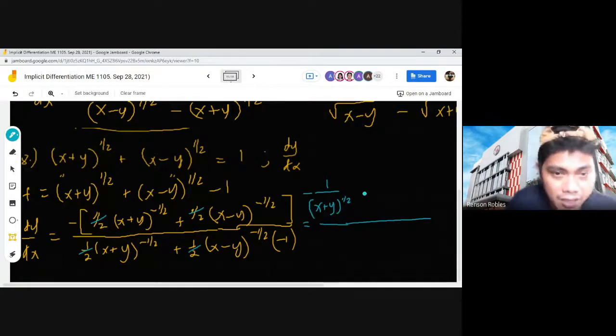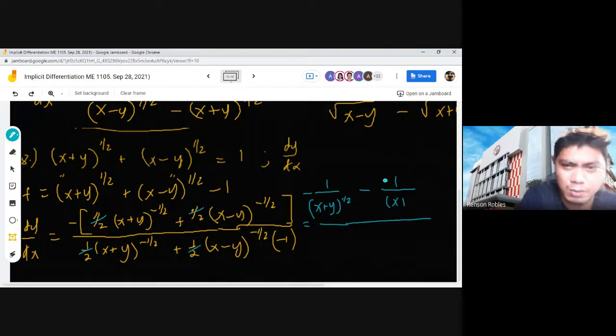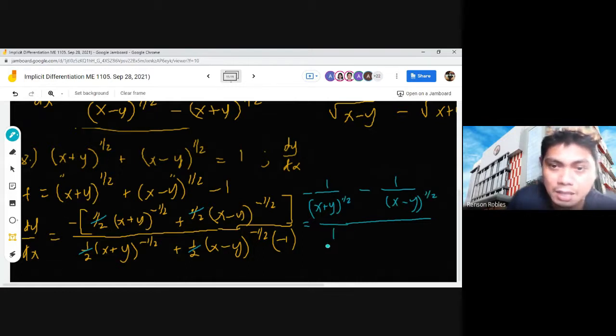Okay? Then plus 1, minus, because of that minus 1 in front, minus 1 all over x minus y raised to 1/2. On the denominator, you have 1 all over x plus y raised to 1/2, and then minus, because of this minus 1, 1 all over x minus y raised to 1/2.